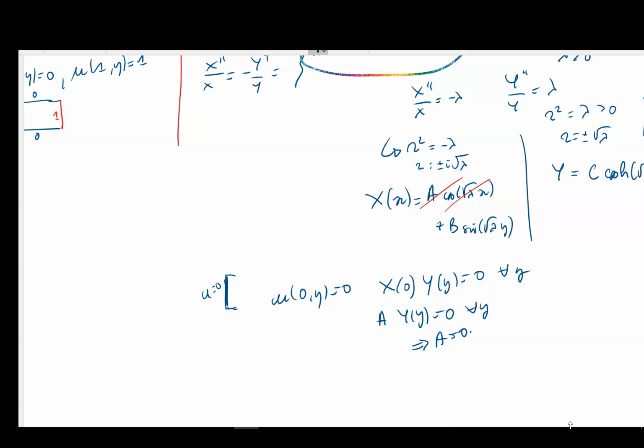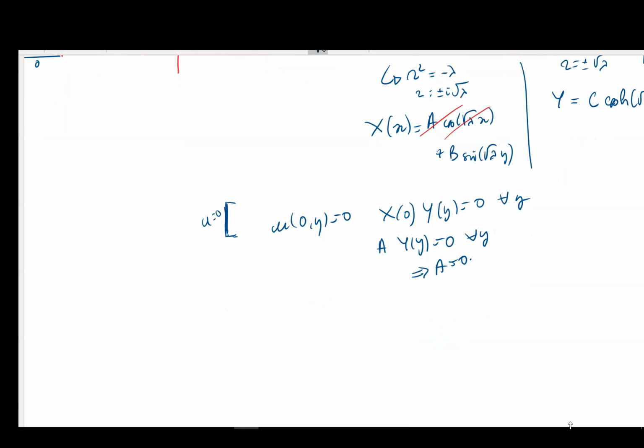Next, I'm going to apply u of x, 0 is equal to 0. So for y equal to 0, I've got this kept at 0. That means that X of x times Y of 0 is equal to 0.